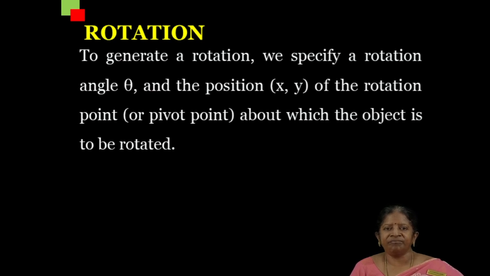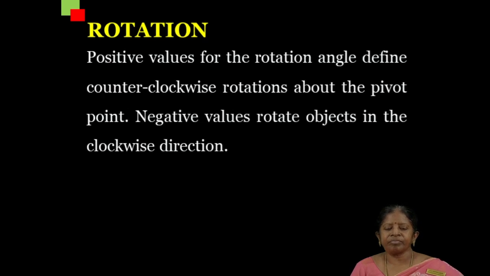Then we perform the rotation. After that, we move the object back to the original position. When you have positive values of the rotation angle, we will be rotating the object in the anti-clockwise direction, whereas negative values for the rotation angle will rotate the object in the clockwise direction.